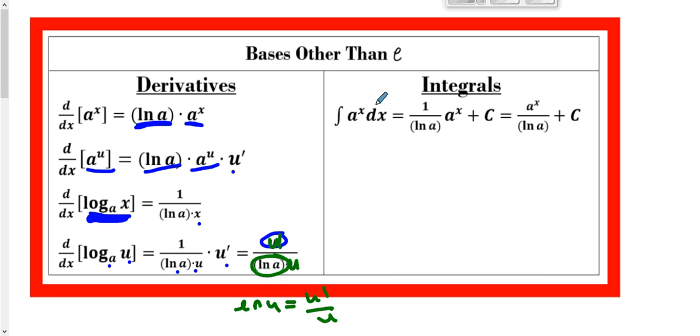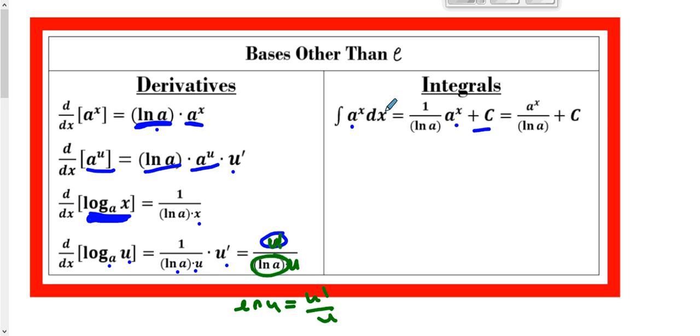As far as integrals go, you only need to integrate a to the x. You're not going to have to integrate logarithms of any base. The only thing you need to integrate are exponentials of another base. And it's just the opposite of differentiating a to the x. Just instead of multiplying by ln of a, you divide by ln of a. And then don't forget your plus c.